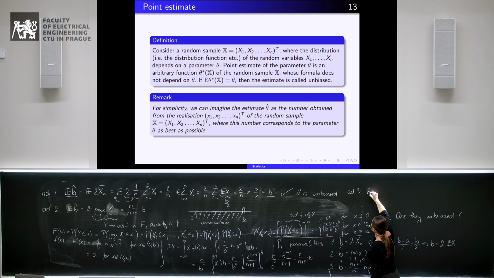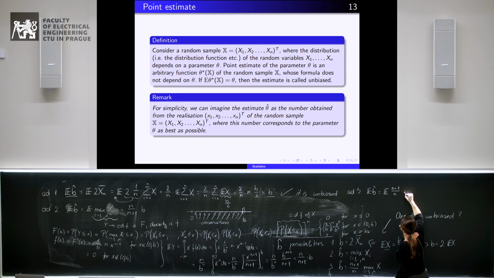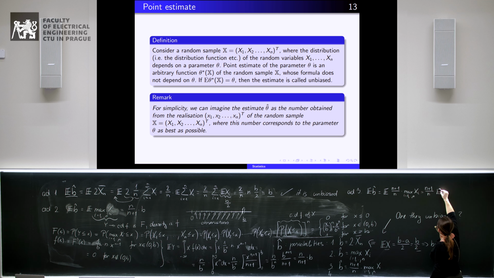The expected value of our estimate is the expected value of n plus 1 over n times the maximum of xi, which is n plus 1 over n times the expected value of the maximum of xi.